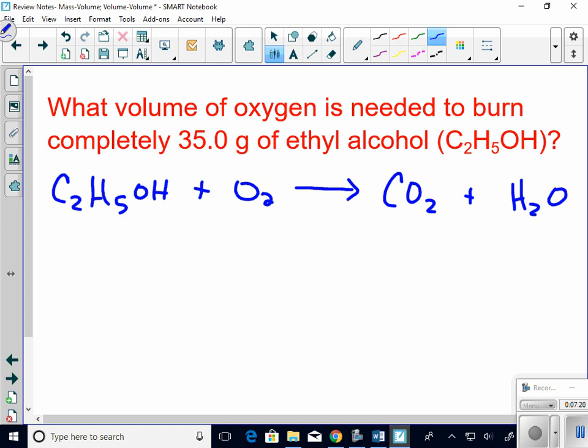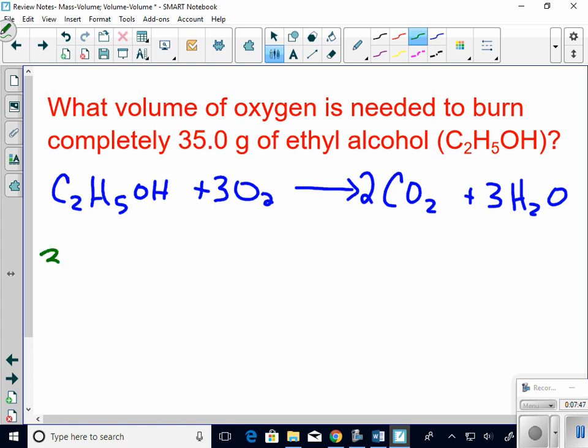I've already balanced it. So I have a 3 here, I have a 2 here, I have a 3 here. That should balance out my reaction. So I have 35.0 grams of ethyl alcohol.